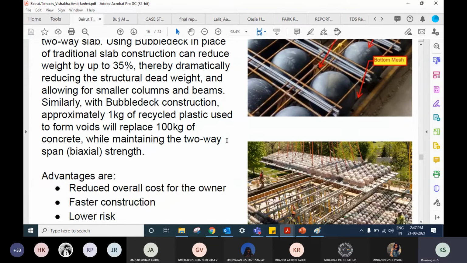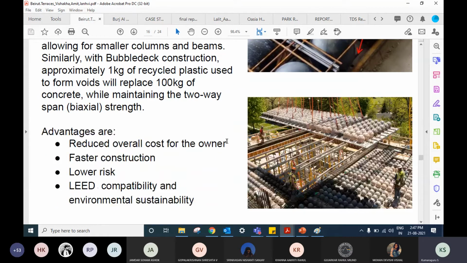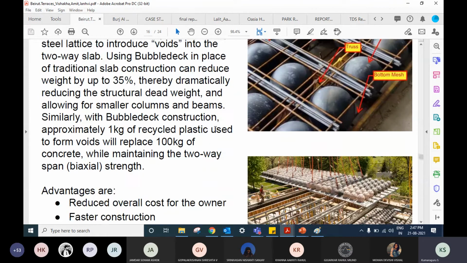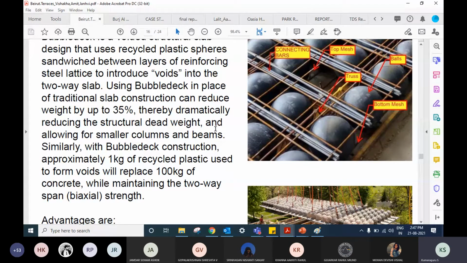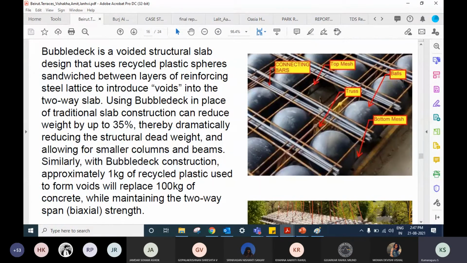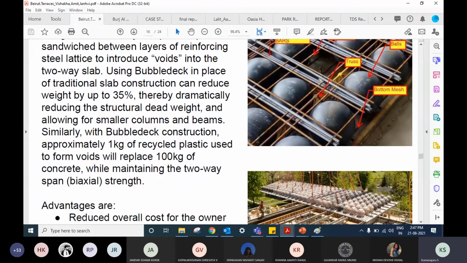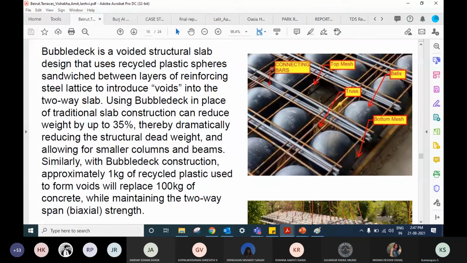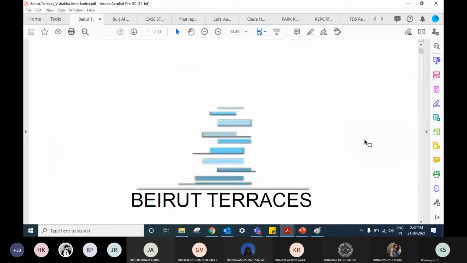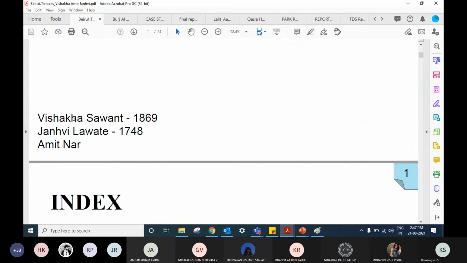Now, the team for this particular project who did this case study, tell me, apart from reducing the weight of this particular slab, there could be other ways to reduce the slab weight also. Why a bubble deck concept, or why was this slab chosen? Janvi, Amit, and Vishaka.